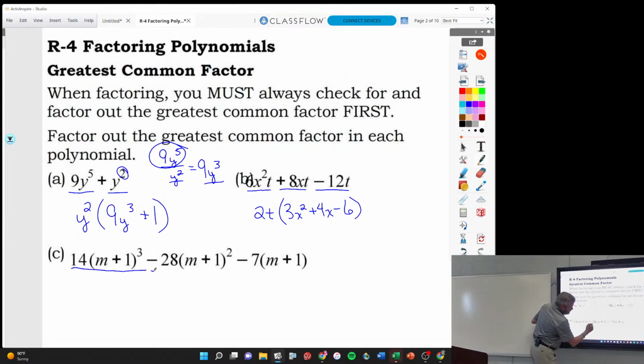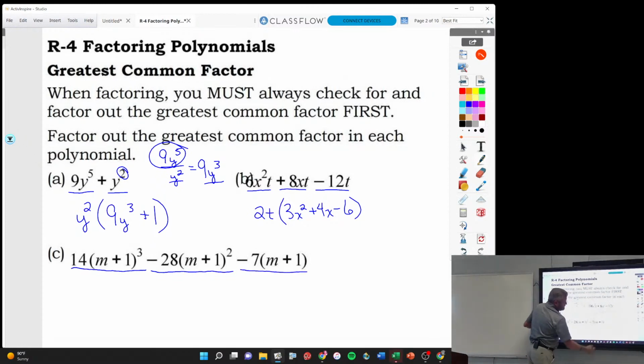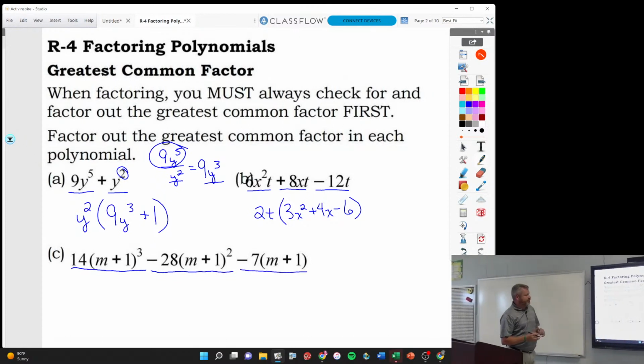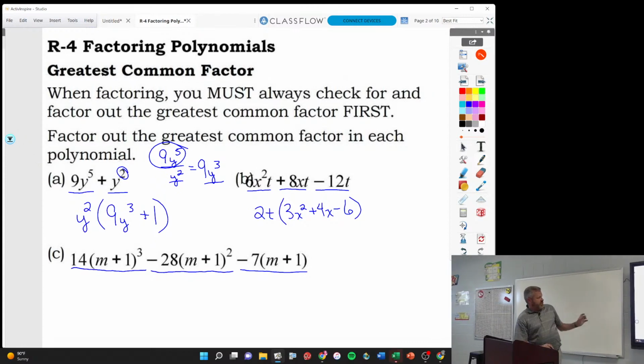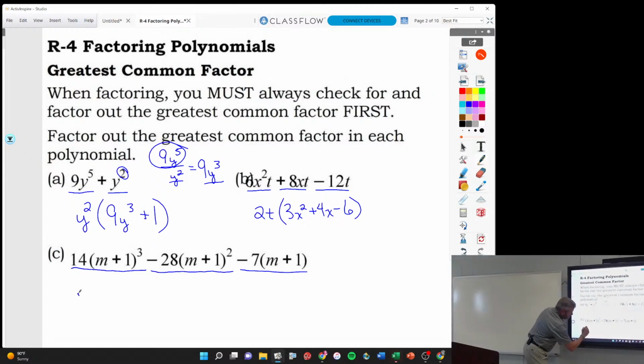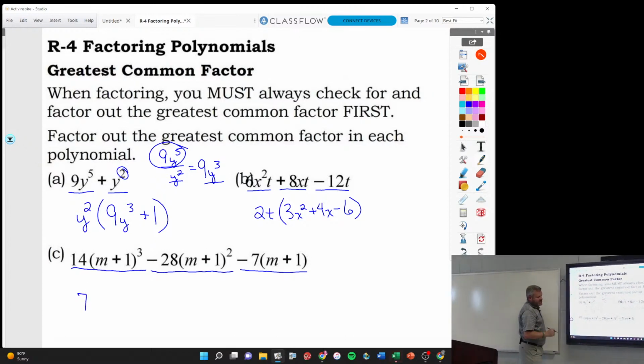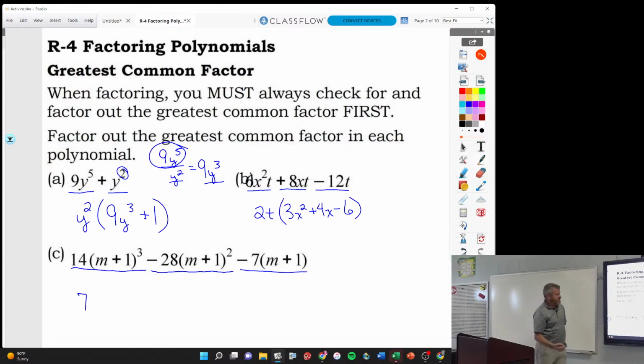My second term is negative 28 times m plus 1 squared. And my third term is minus 7 times m plus 1. So looking at the 3 terms, the coefficients are 14, negative 28, and 7. Well, the largest number that goes into 14, negative 28, and 7 is 7. So I can take a 7 out of all 3 of those terms.